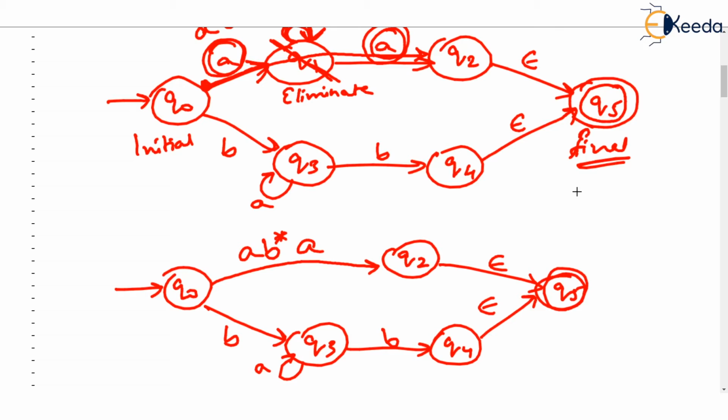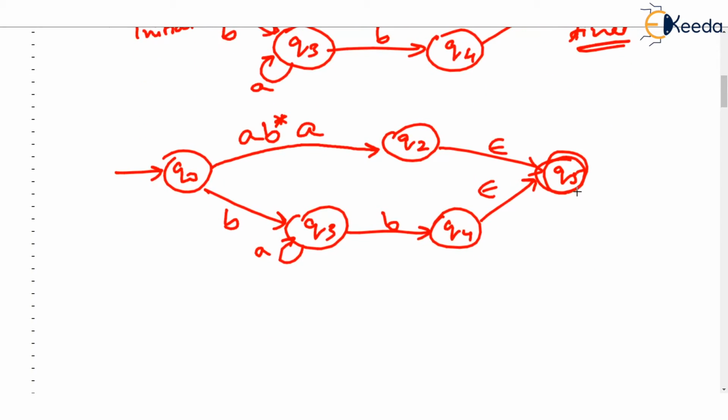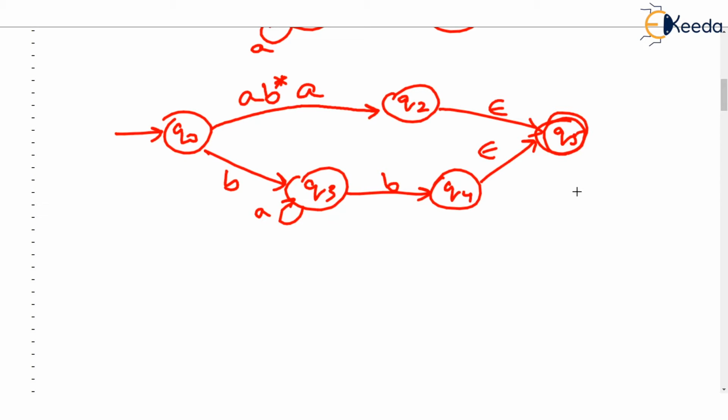All right. So now let's try to eliminate Q3. I said you can eliminate these in any order. Let's say we eliminate Q3. Now you can watch that if Q3 is eliminated, then from Q0 there was a path to Q3, correct? And we are going to eliminate this. So where are we going to go from Q0 via Q3?